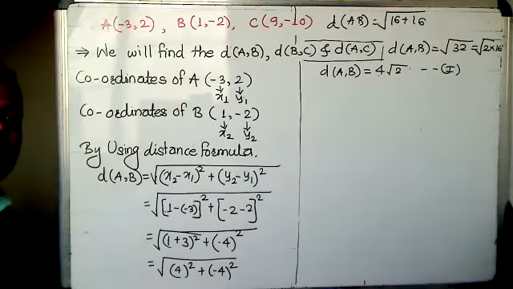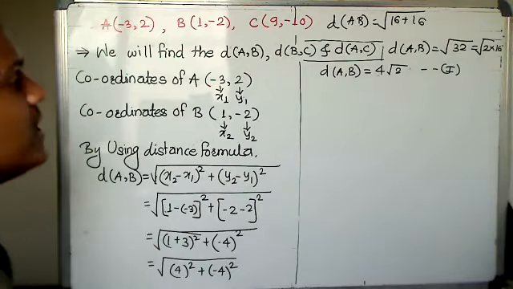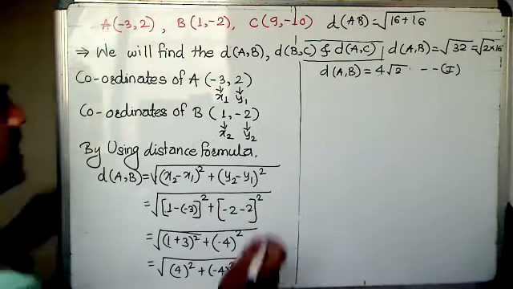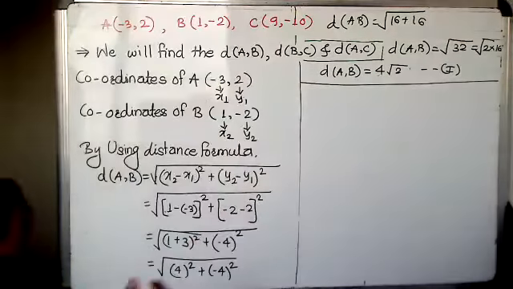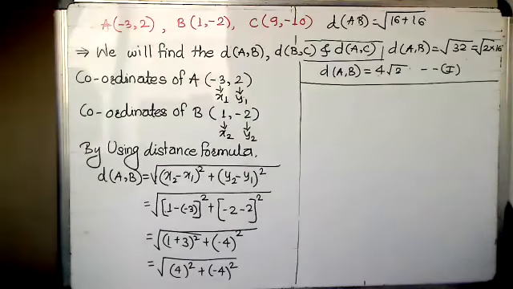Now similarly, I can find the distance AC. First we need to find the distance BC and then AC.